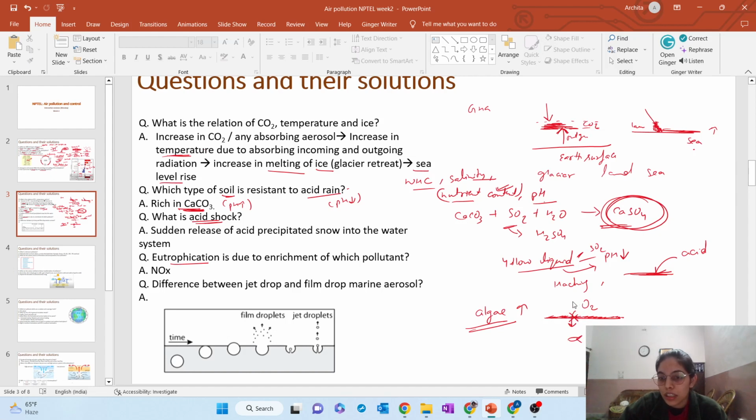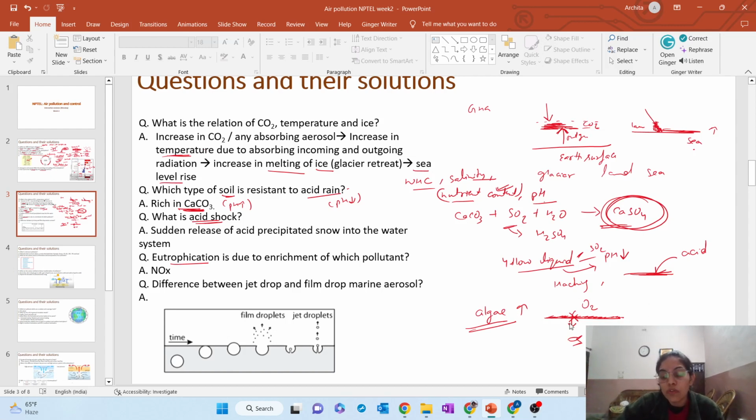Once this oxygen supply is cut, these fish start to die, and hence this pond or water body becomes rich in dead fish, dead plankton, and it becomes like a complete waste.